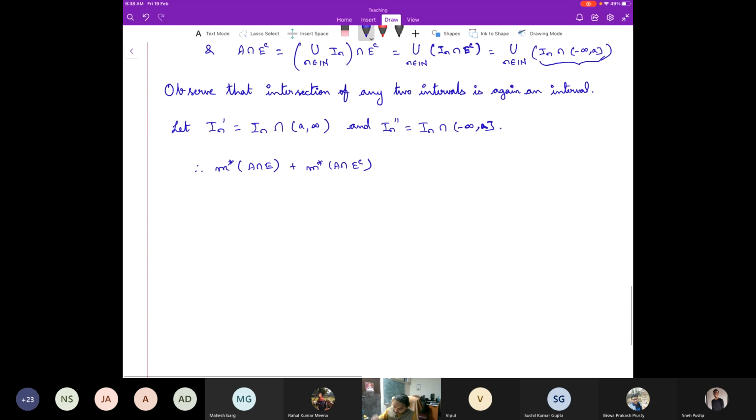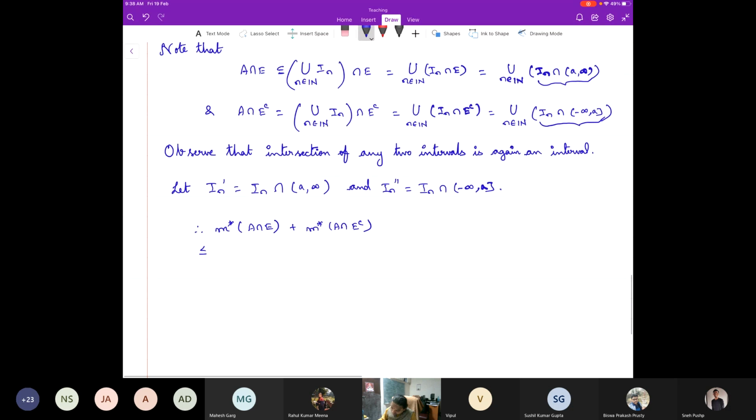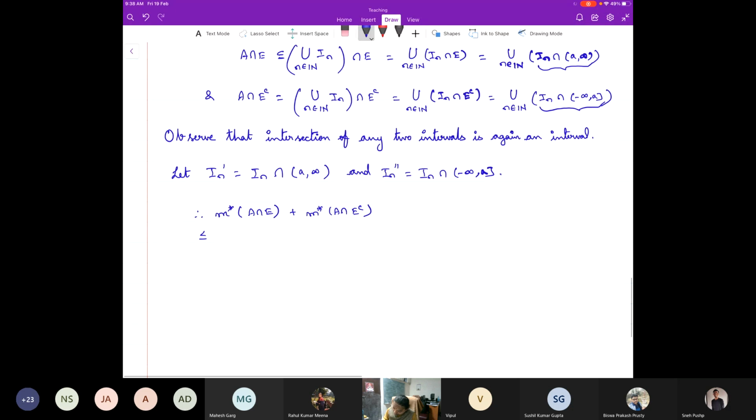First, this is less than or equal to, since we have already shown that A intersection E is contained in this union, m star of the union of I_n dash plus m star of the union of I_n double dash.